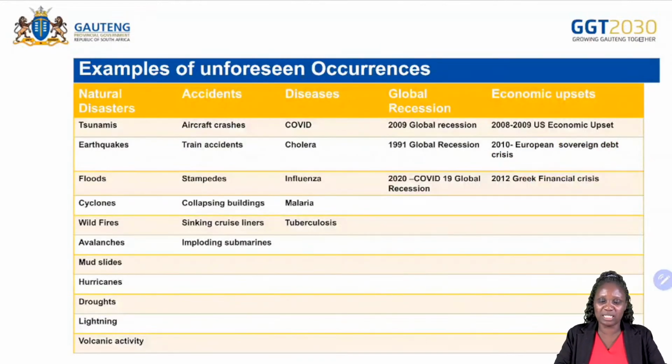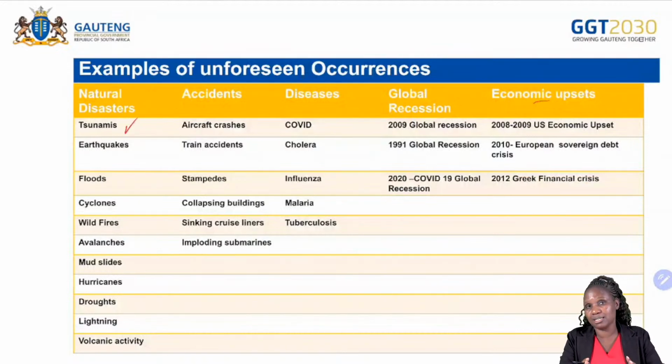And then we've got the examples of unforeseen occurrences. Okay? We've got natural disasters, accidents, diseases, global recession, and economic upset. All right. When we look at natural disasters, let's all look at natural disasters. We've got the tsunamis. Okay?